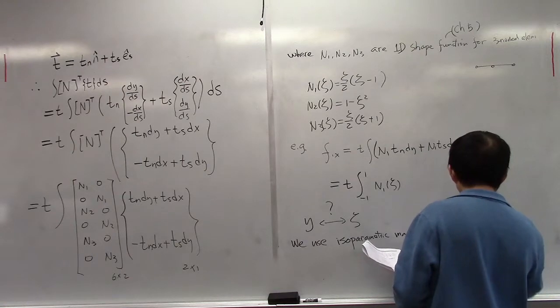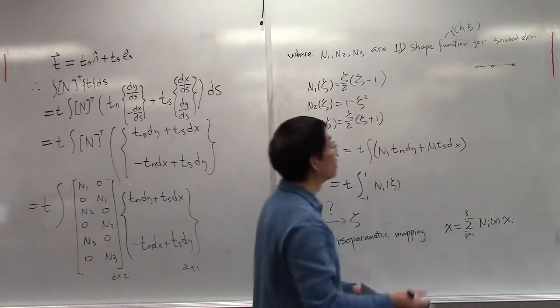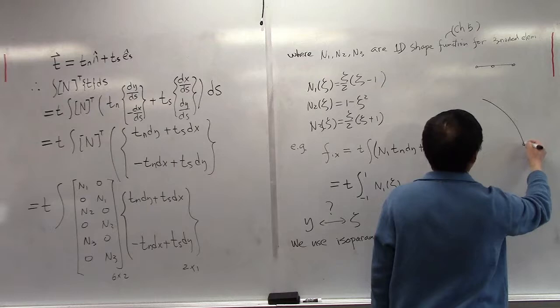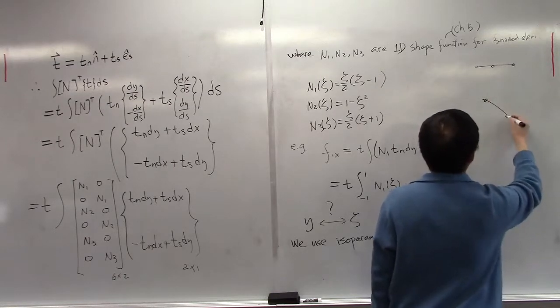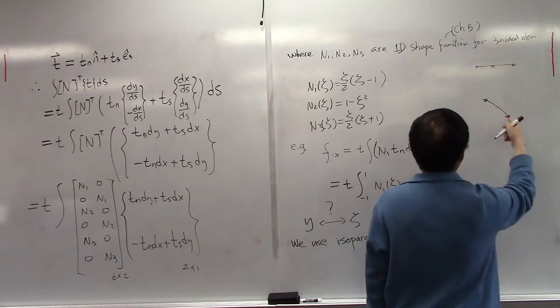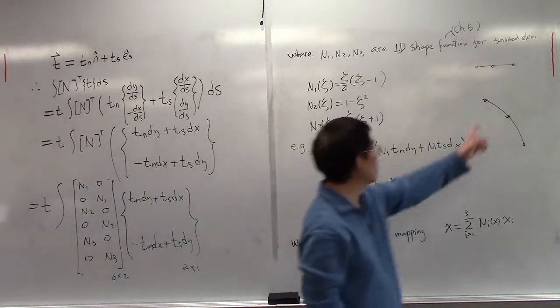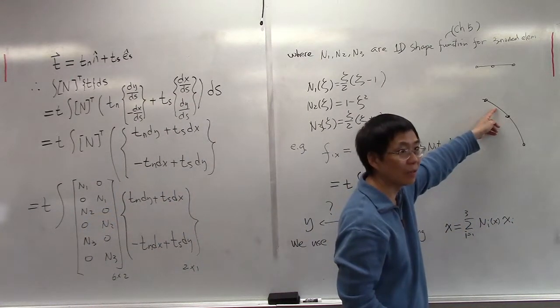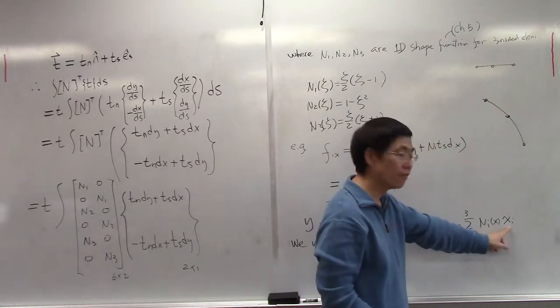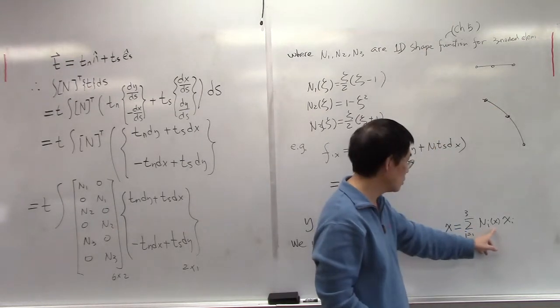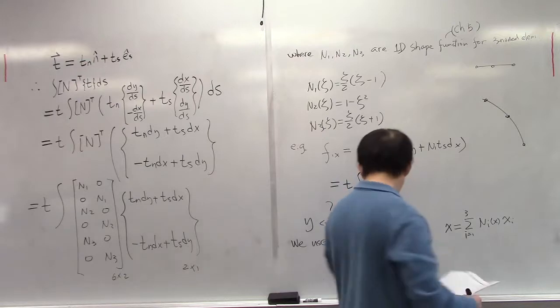I is from 1 to 3. And remember, we have these 1, 2, 3 points. So this is x1, x2, x3. And then we assume in between, any generic x is mapped from the nodal x using the shape function, do it this way, right?